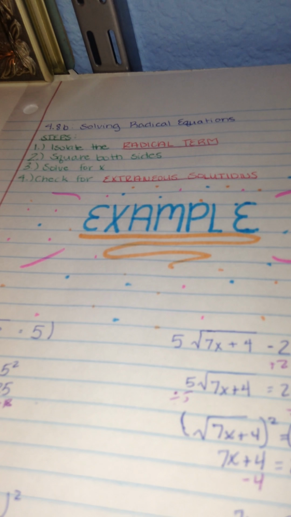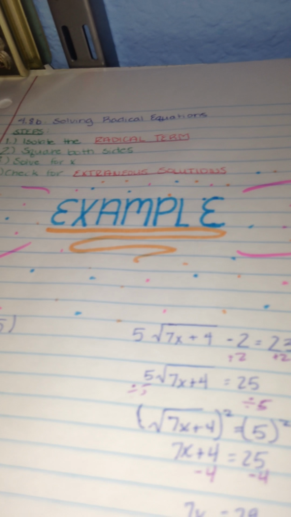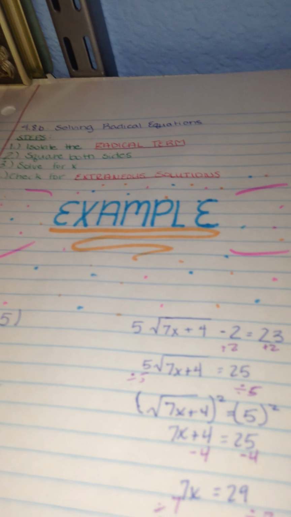Moving on to 4.8a, we have solving rational exponent equations. This one is much similar to 4.8b, just one extra step.